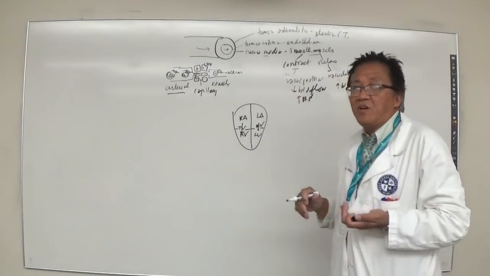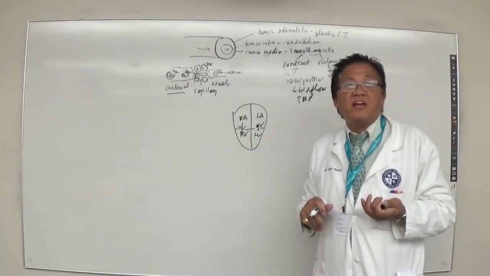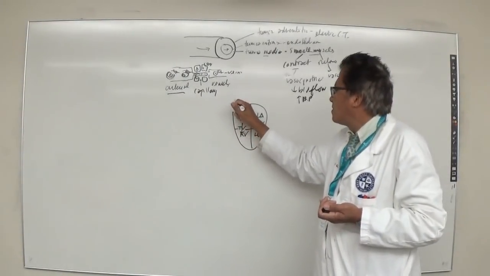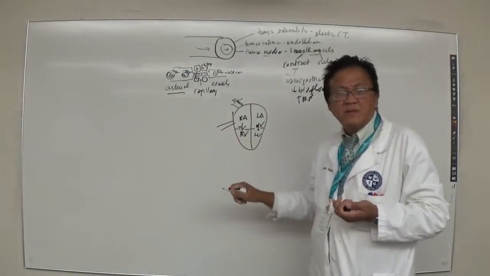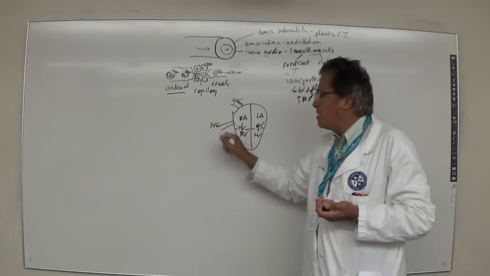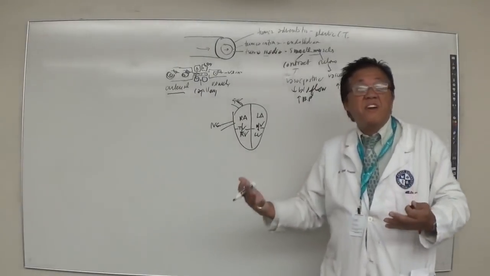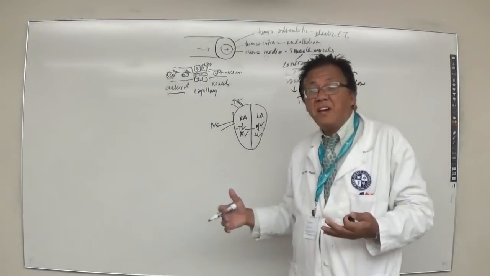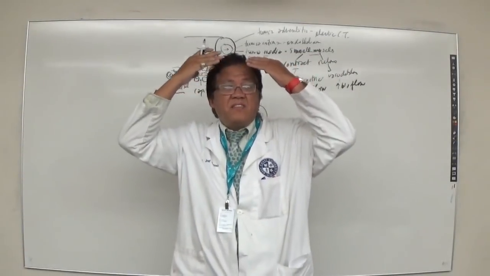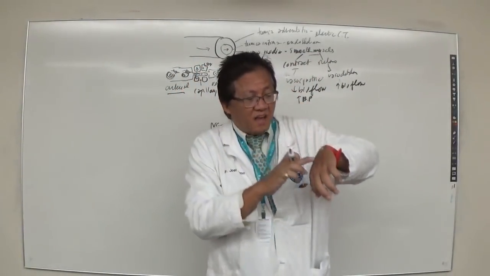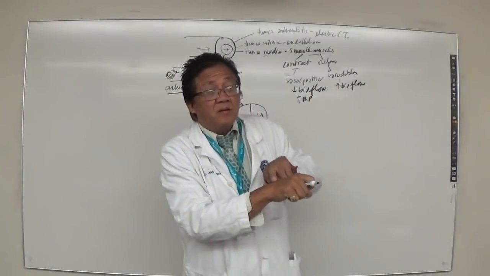Now, let's review. What blood vessels bring blood to the right atrium? Superior vena cava, and then what about the one below? Inferior vena cava. Vena cava means a big vein. Now remember, all the veins in the head, the neck, and the upper limb. You see my veins here?